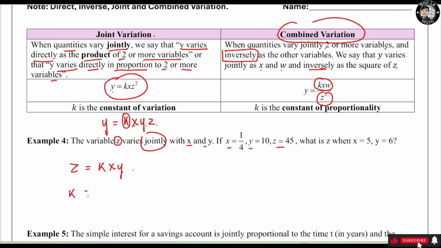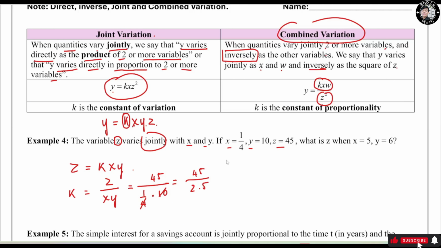So k equals z divided by s times y. So it could be 45 divided by 1 over 4 times 10. So it could be 45 divided by 10 over 4. Simplify, it's going to be 5 over 2, which is 2.5.